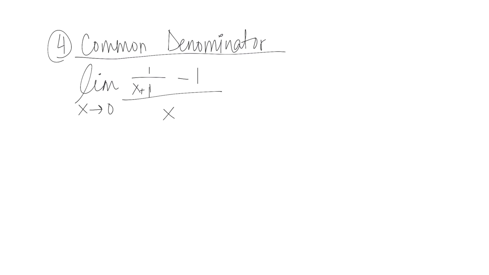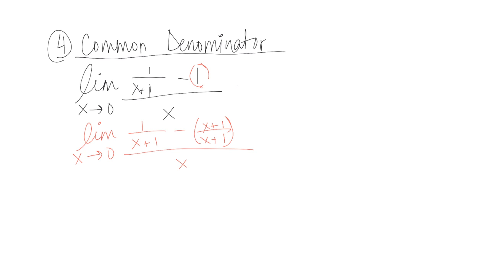Okay, so I'm going to find a common denominator for the numerator. That common denominator is going to be x plus 1, so I'm going to change the 1 here to be x plus 1 over x plus 1. Okay, denominator still x.